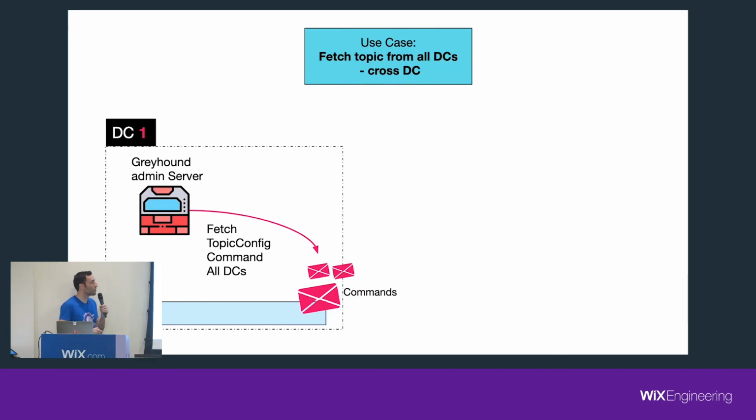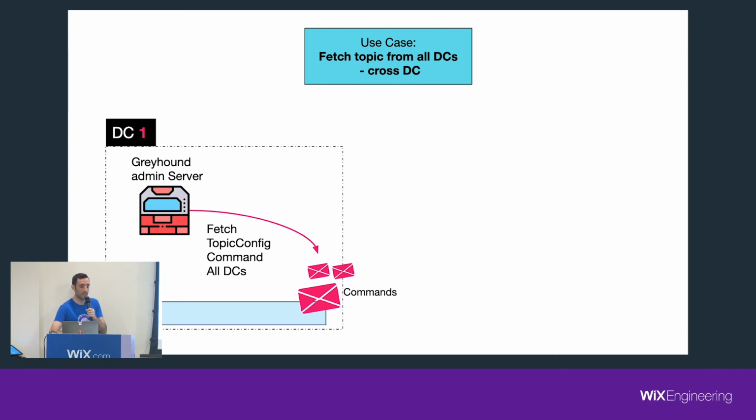And I want to share with you the design behind the scenes because it's quite interesting. So the requirement here with the topic configuration is to fetch the topic metadata from all of the DCs. But we serve that page from one of the DCs, right? So we have the Greyhound admin server. It got the request in one specific data center.